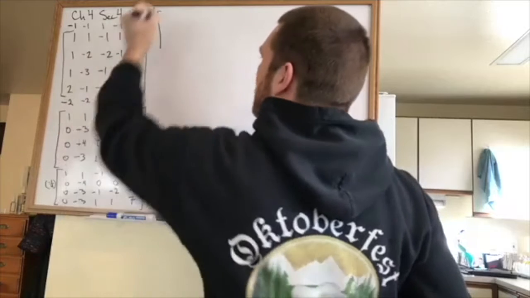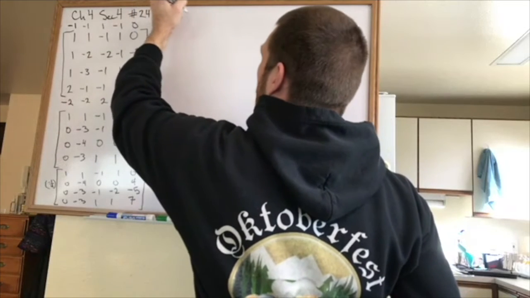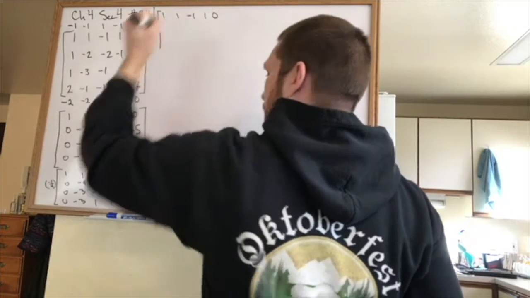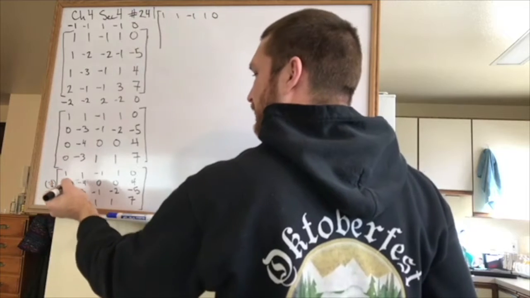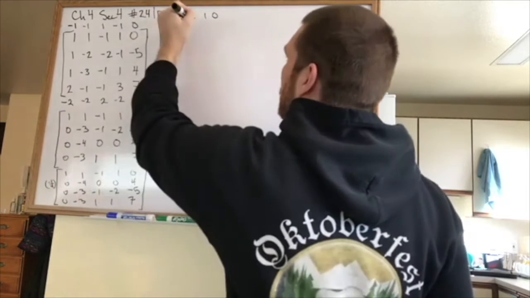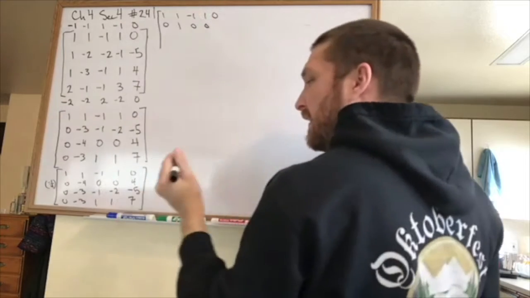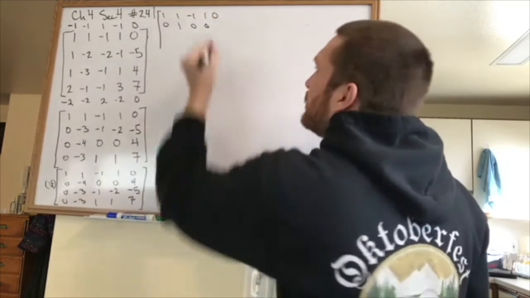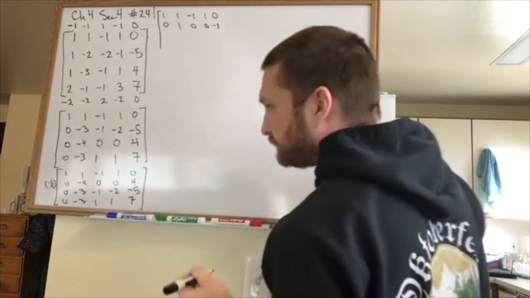So right here. The top row is not changing. 1, 1, -1, 1, 0. This guy then becomes 0, 1 by design, 0, 0. 4 divided by -4 is -1.